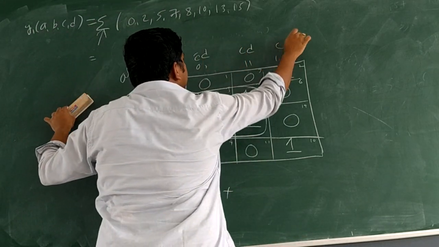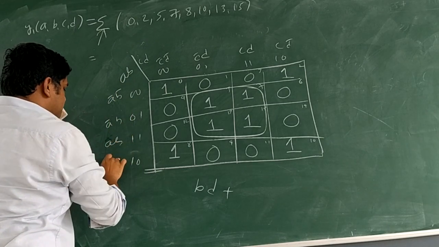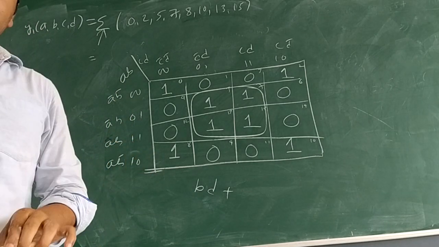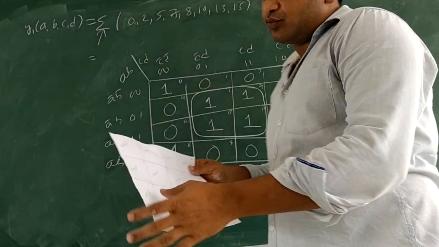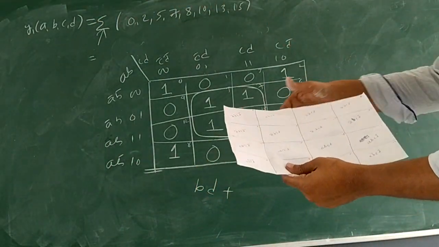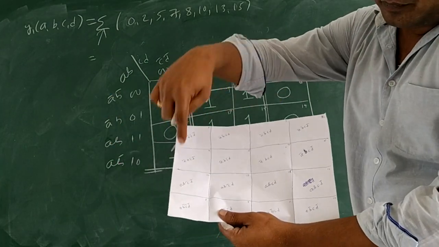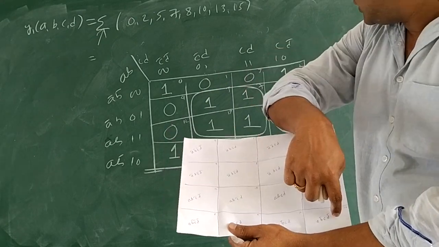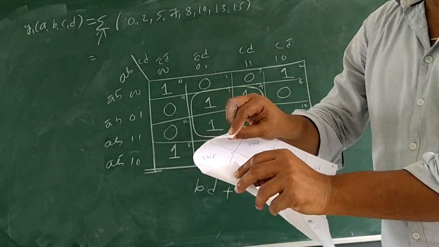Now see here, this is one more important thing. Now where we are left with ones, we have ones in 0, 2, 8, then 12. So assume the method like this.